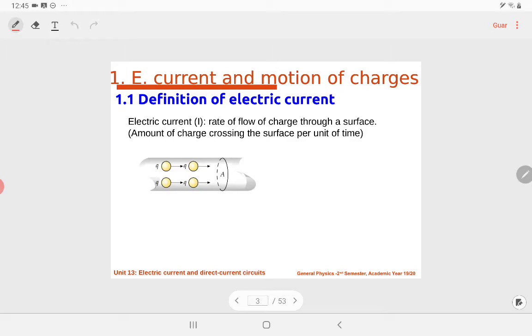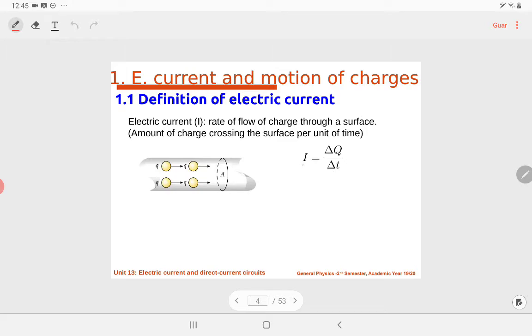This is how many charges are crossing a surface per unit of time. In mathematical formulation, this would be given by the amount of charge, delta Q, divided by the amount of time that this delta Q takes to cross a certain surface, which is delta T.